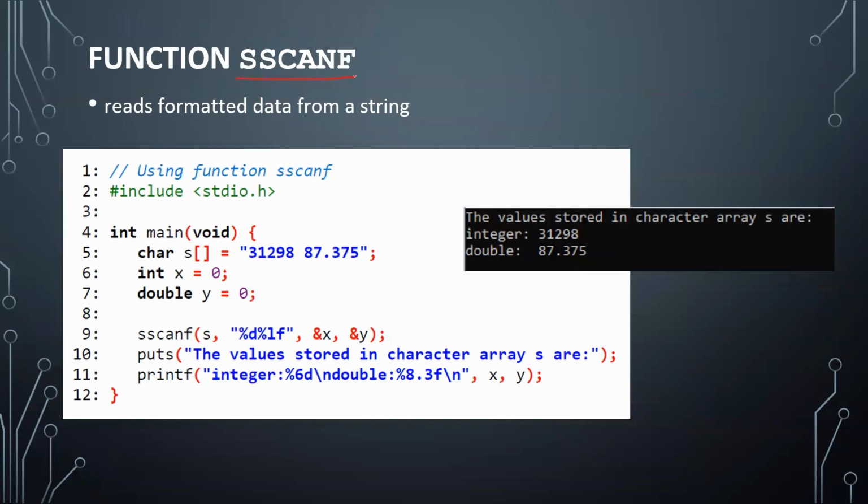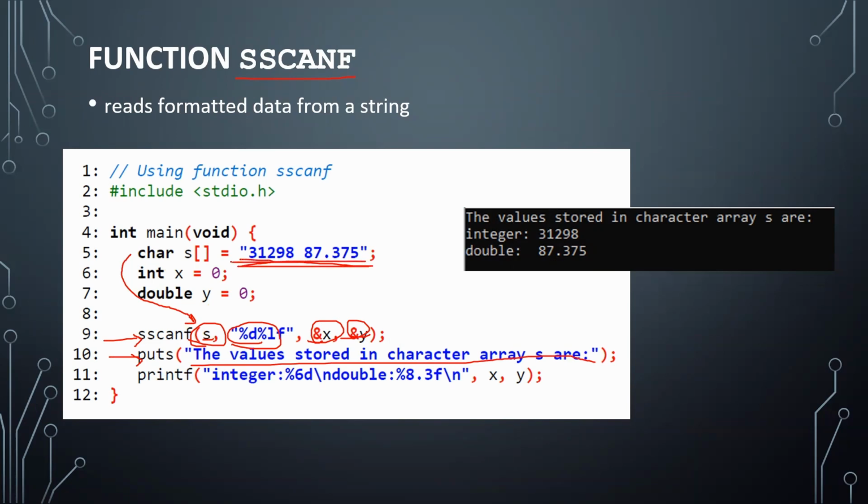Again, same thing with the scanf. Here I can say sscanf S. I've got my two values here. I put them in X and Y. Puts, the value stored in the character array R. Now, big thing here is that it's putting it into S. It's getting from S. So it's not getting it from the user.